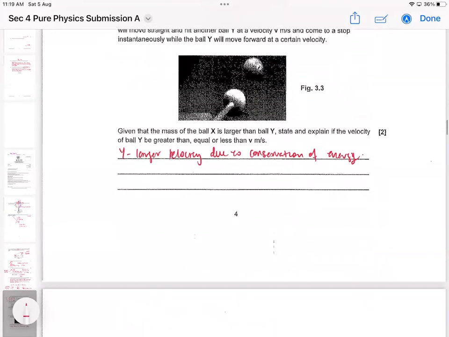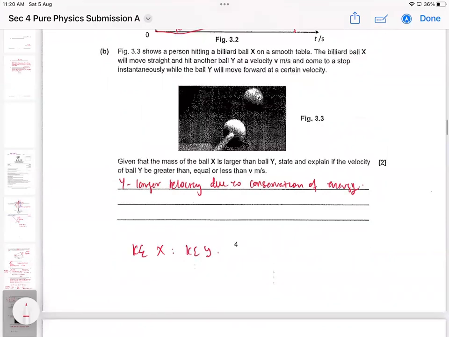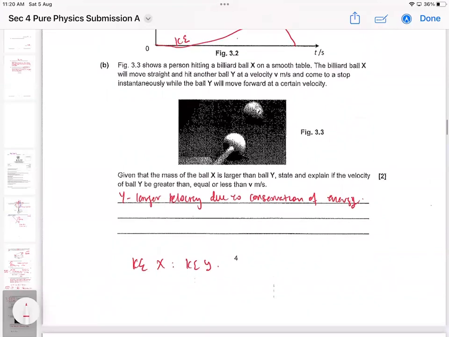Okay, the working, I put it here. This is the KE of ball X and the KE of ball Y. Let's again use simple numbers. Let's say the mass of X is twice the mass of Y. So let's say X is 2 kg, Y is 1 kg.